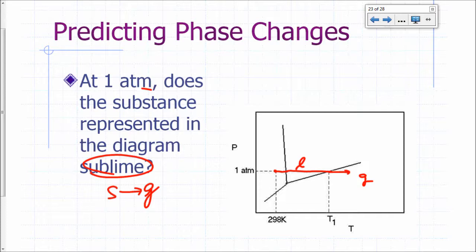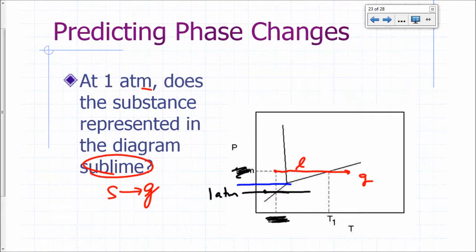Okay, you'll notice that's what happens when the triple point happens to be below 1 atmosphere. But if you have a substance whose triple point happens to be above 1 atmosphere, like for example carbon dioxide. Okay, 1 atmosphere for carbon dioxide, on the diagram for carbon dioxide, 1 atmosphere might be down here. If it's below the triple point, then if you have a solid and you heat it, eventually it's going to change into a gas.